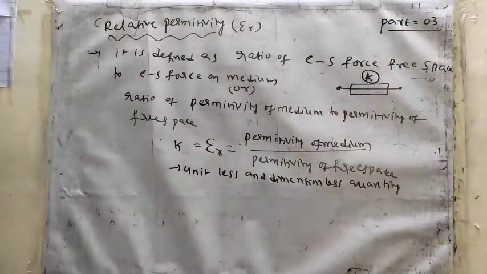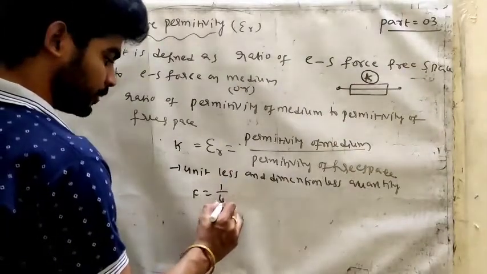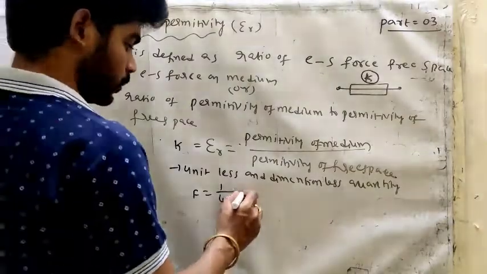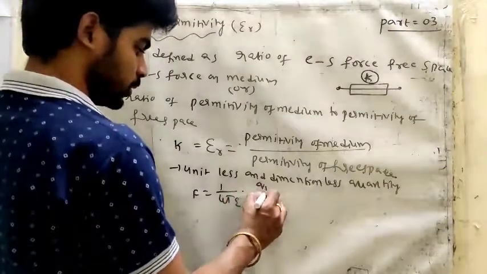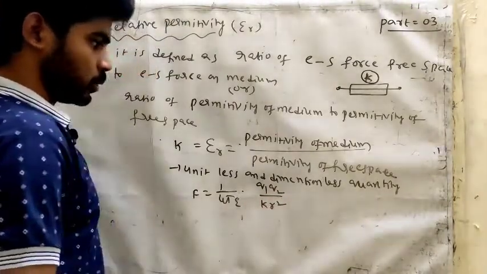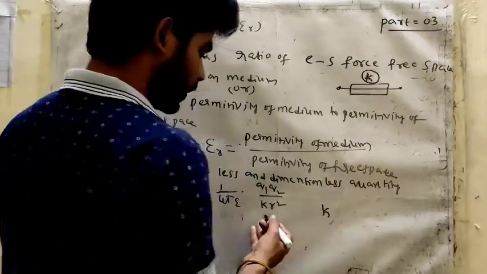How do we define this? The force formula is F equal to 1 by 4 pi epsilon medium, that is 1 by 4 pi epsilon into Q1 Q2 by K into R square. Why am I writing like this? You can use K or epsilon r.